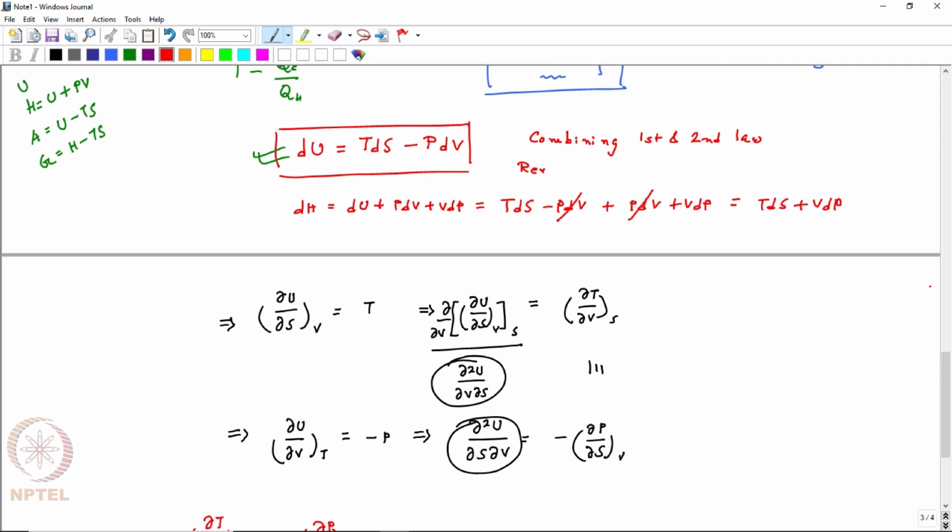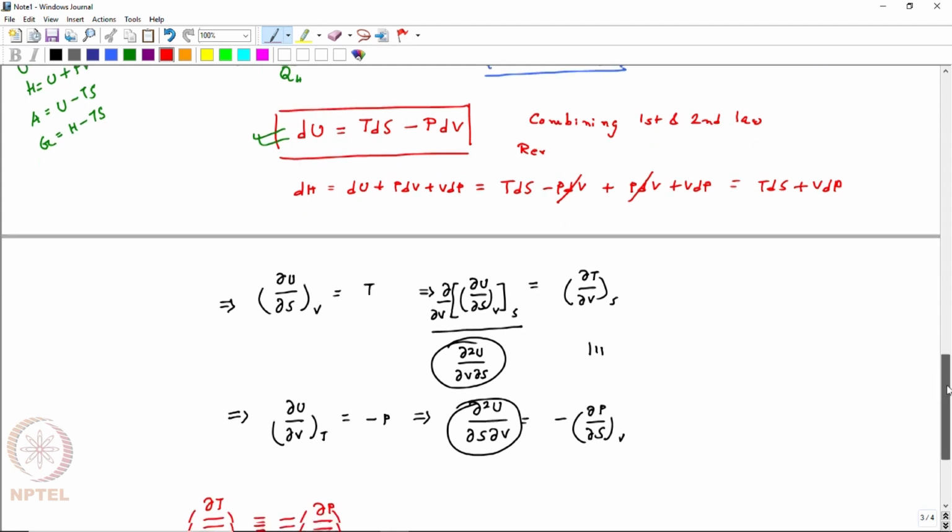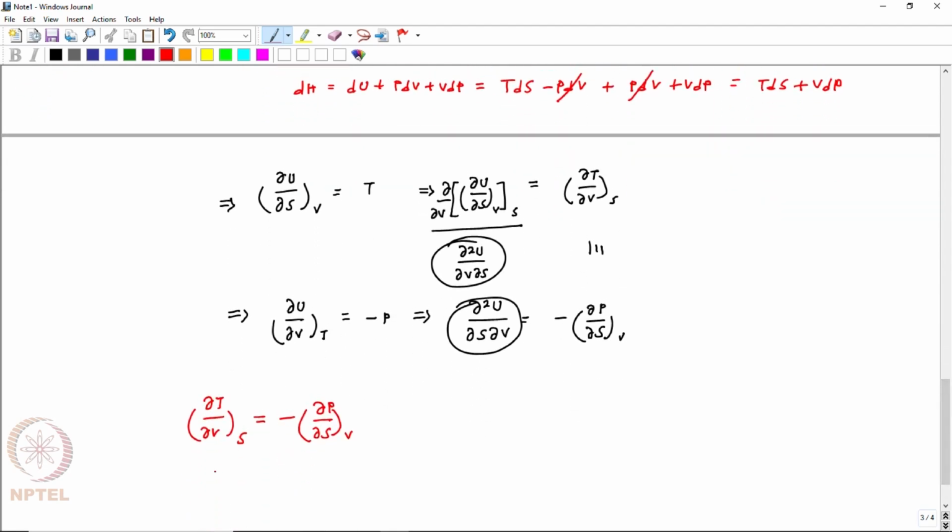And from this equation, dH is TdS plus VdP, another important equation, we can get another relation: (∂T/∂P) at constant S is nothing but (∂V/∂S) at constant P.